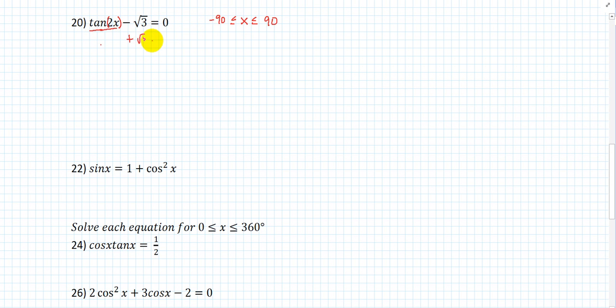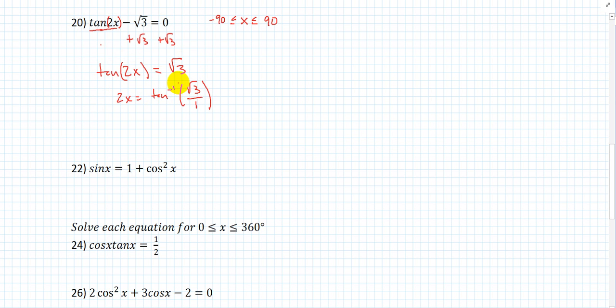I could add root 3 to both sides, and I get tangent 2x equals root 3. Now, if I take the inverse of both sides, and before we didn't take the inverse, but if I do, you'll see that 2x equals tangent inverse of root 3, and that would be root 3 over 1.